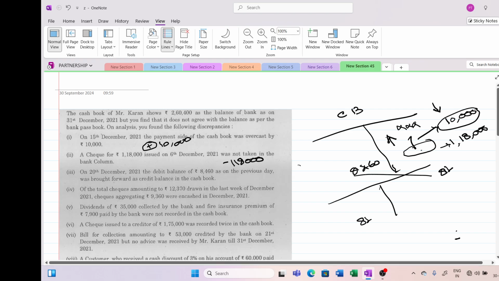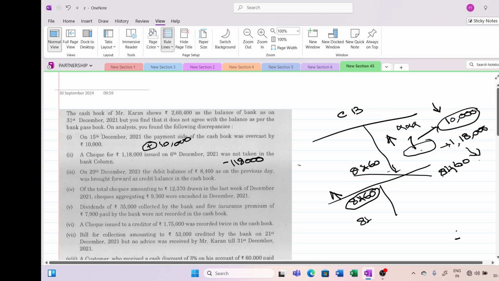So the moment you write here, I said that you are decreasing the balance. You have decreased the balance. But what happened? This is wrong entry. For this, if you make a correction, you have to put 8460 on the receipt side to increase your balance.